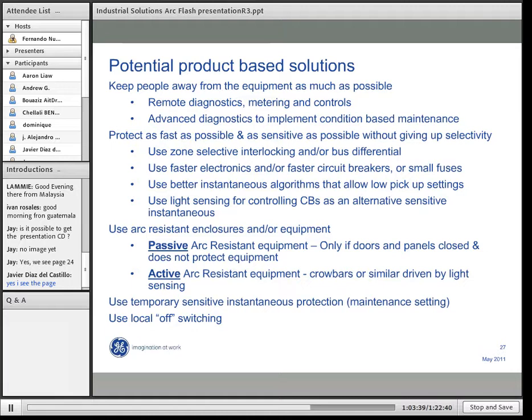So, yeah, there's lots of new technology out there to reduce arc flash hazards.